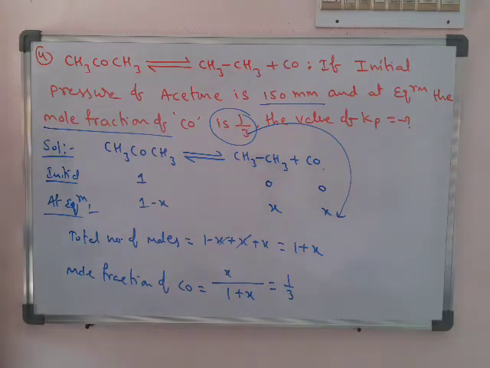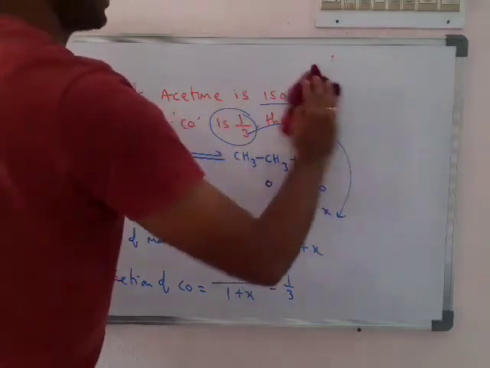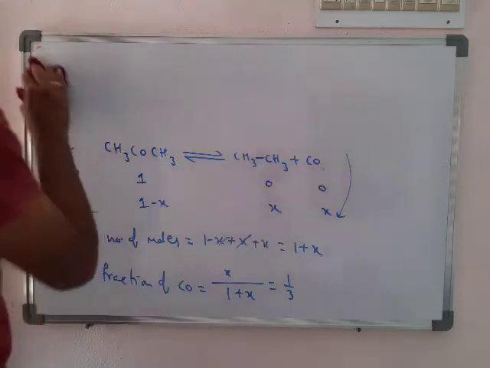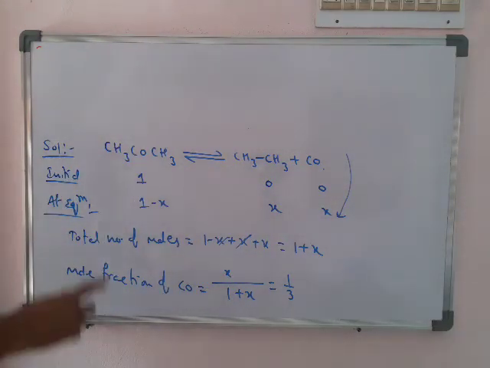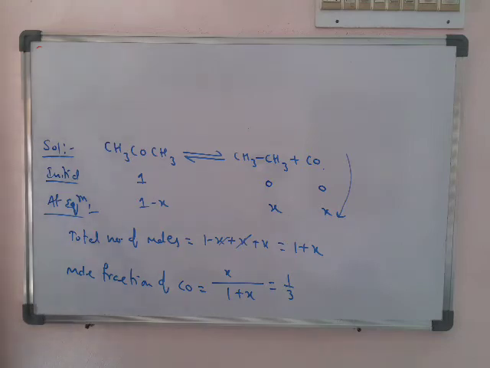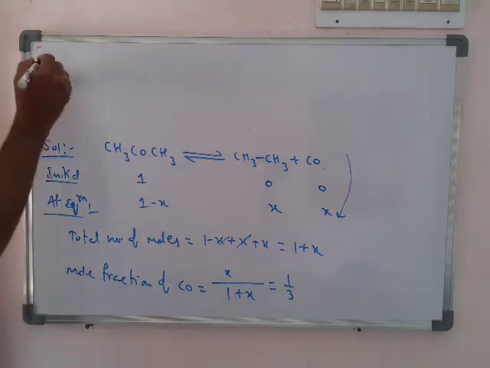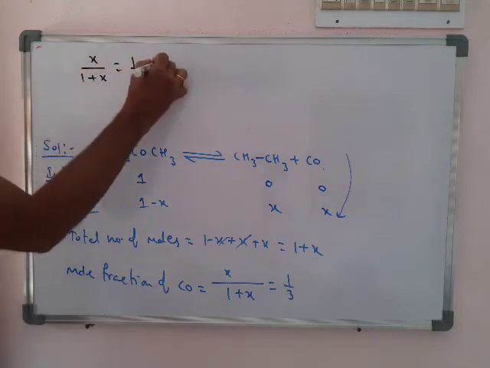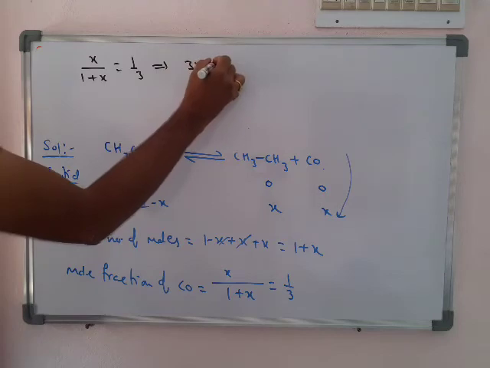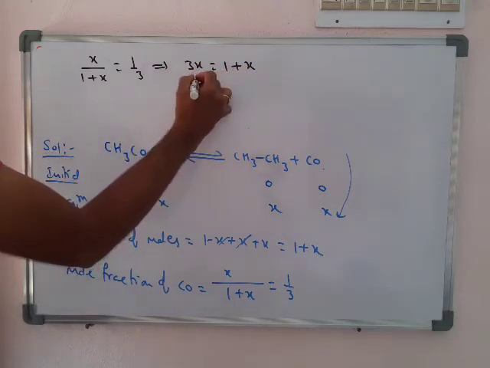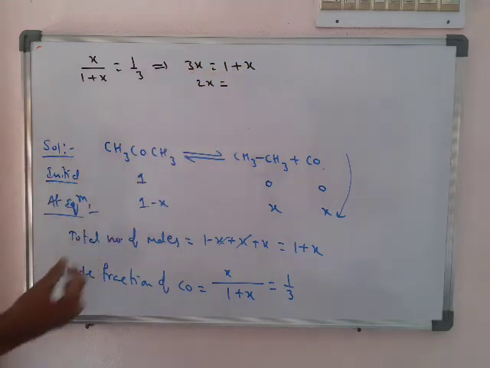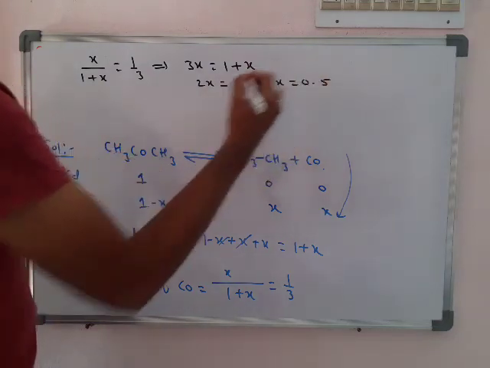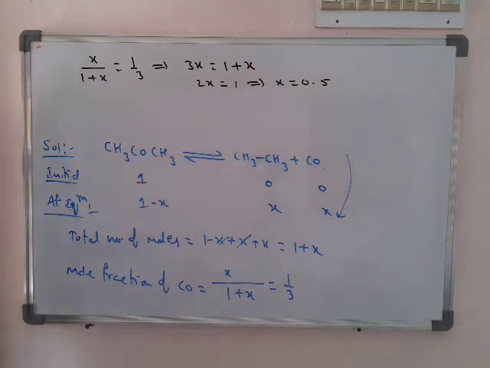From this we can calculate x, and then all the pressures. So x by 1 plus x equals 1 by 3, and here x equals 0.5, or 1 by 2.